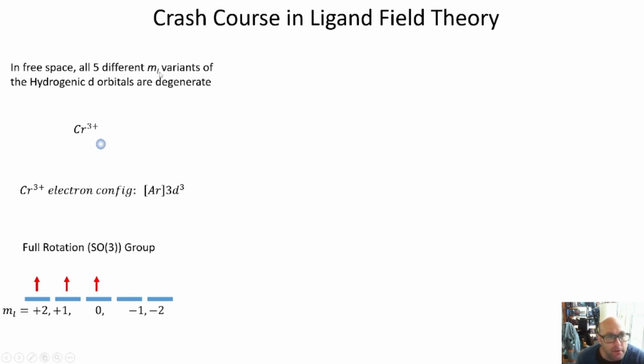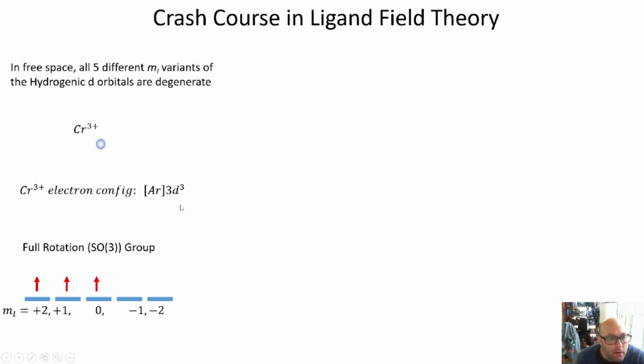And so the 5 different m sub L quantum numbers are all degenerate. And so you would write the electron configuration, this is just review, as an argon core, and then in the 3+ cation you have just 3 electrons here in the 3d valence shell.